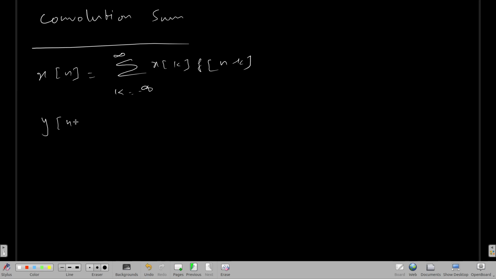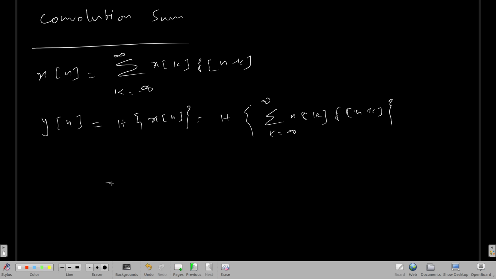And y of n is equal to H of x of n. This is pretty much the same thing as what we did earlier. That is H of the summation over k equal to minus infinity to infinity of x of k delta of n minus k.